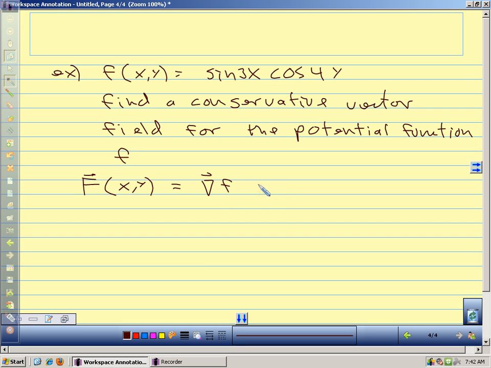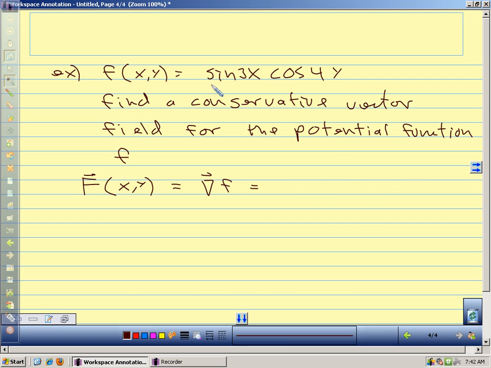And when we take the gradient of this, hang on, I did something wrong here.